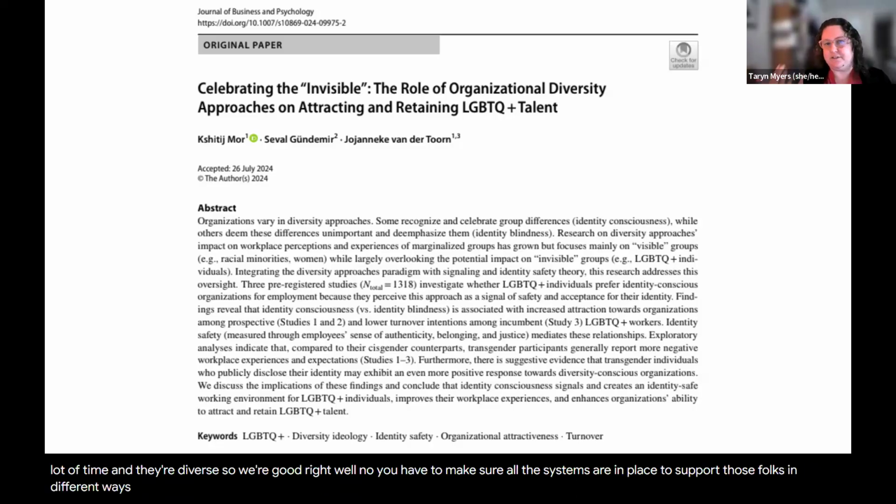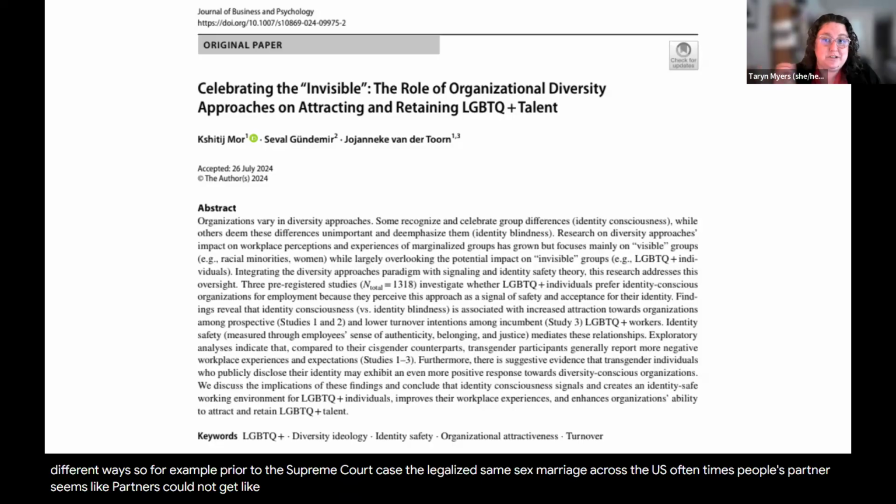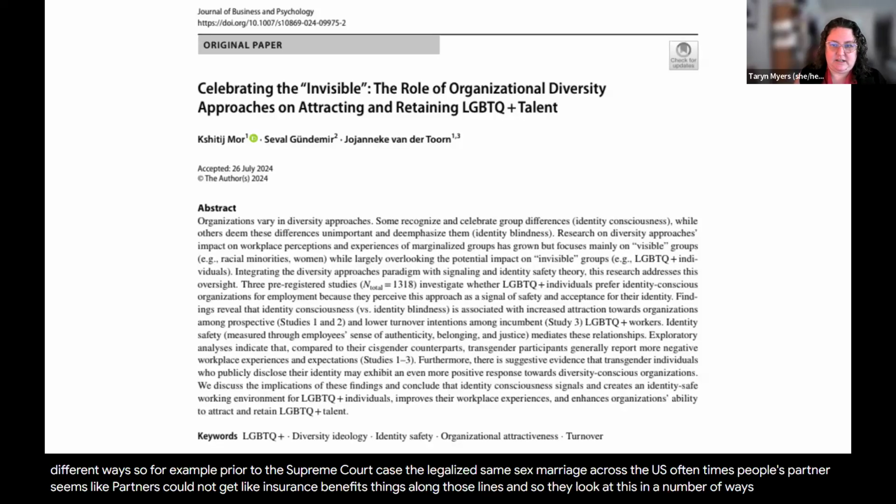So, for example, prior to the Supreme Court case that legalized same-sex marriage across the U.S., oftentimes people's partners, same-sex partners, could not get like insurance benefits, things along those lines. And so they look at this in a number of ways.